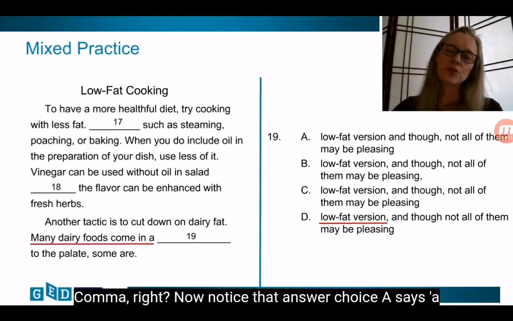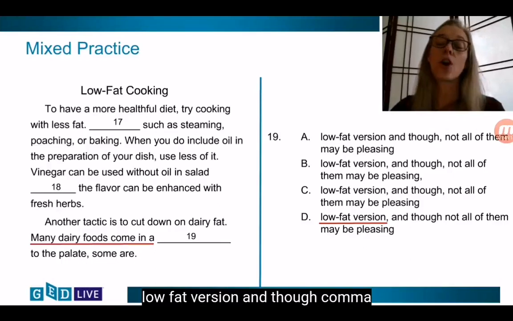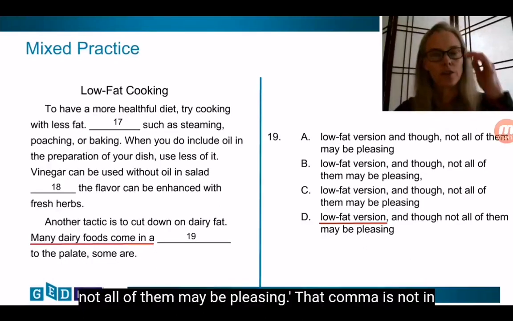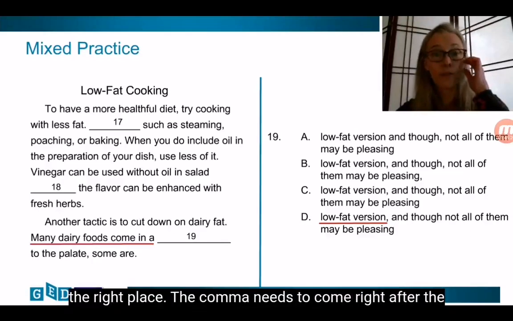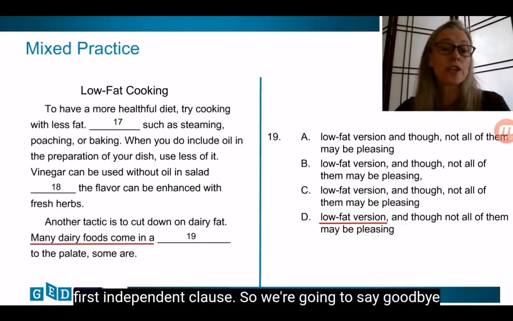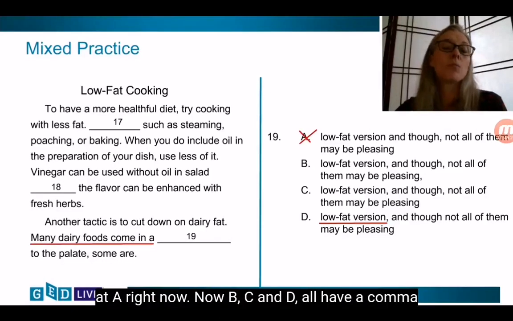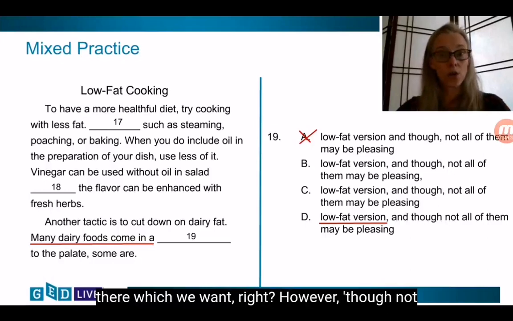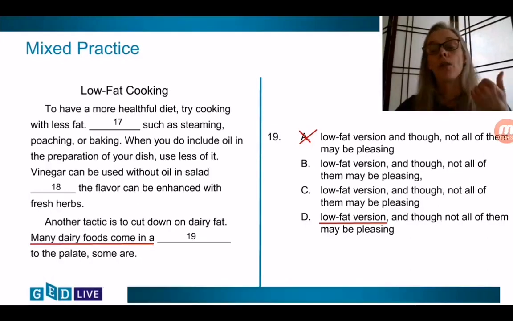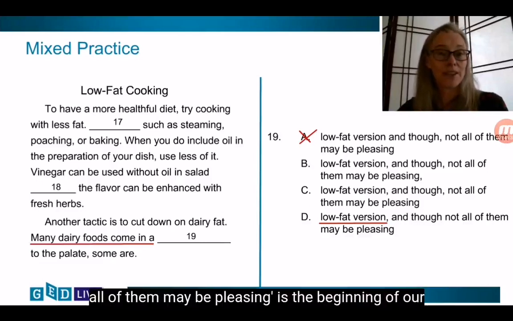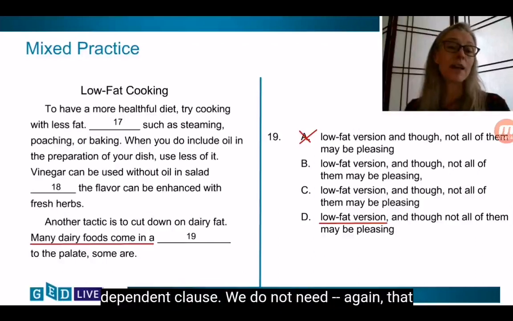Now, notice that answer choice A says a low-fat version, and though, comma, not all of them may be pleasing. That comma is not in the right place. The comma needs to come right after the first independent clause. So we're going to say goodbye to A right now. Now, B, C, and D all have a comma there, which we want. However, "though not all of them may be pleasing" is the beginning of our dependent clause.